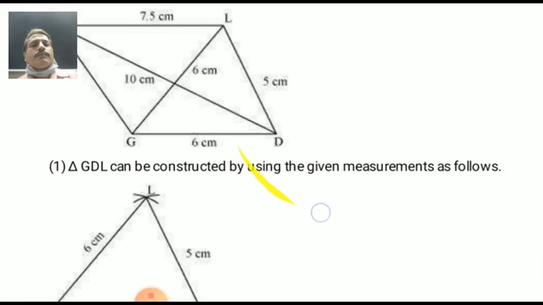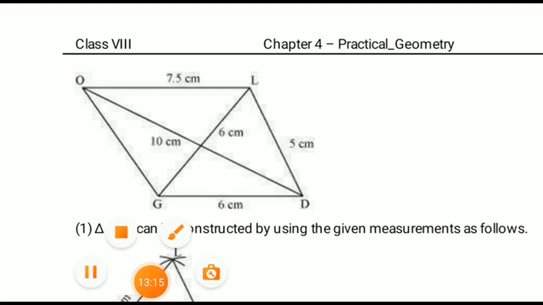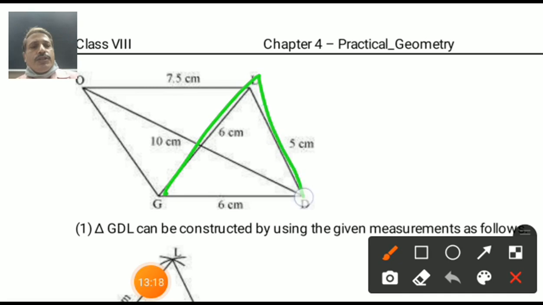Second one. Our GOLD, the measurements are given. We are trying to see our rough sketch. Student, observe the rough sketch. GDL is our first triangle, having three measurements. Yes, we can start from there.